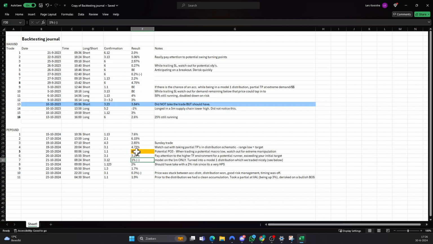From a 1% loss, immediately 36 minutes later to that 2% gain. Nice 1% gain. This was just a fixed setup, nothing special. We knew the risk of this one, the timing, and then we had the nice trade for 1.9% gain. So overall, pretty consistent backtesting.